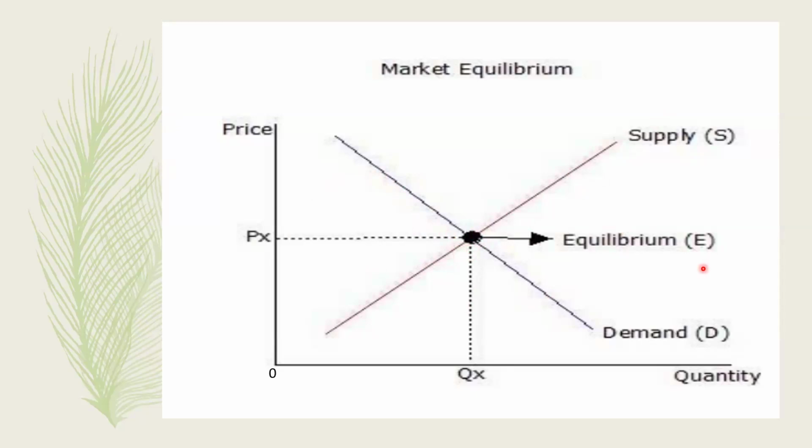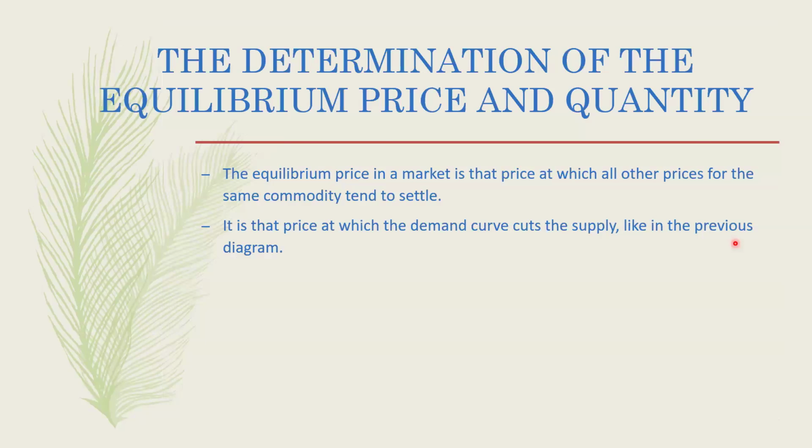But as much as we would love that, situations will occur where it's going to be difficult, it might be impossible, to always get to equilibrium. So, the determination of the equilibrium price and quantity: we would like for demand to always equal supply. We would love that.